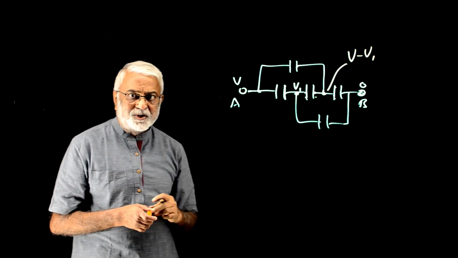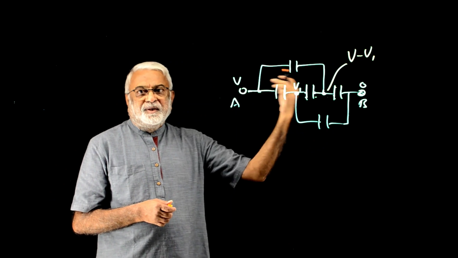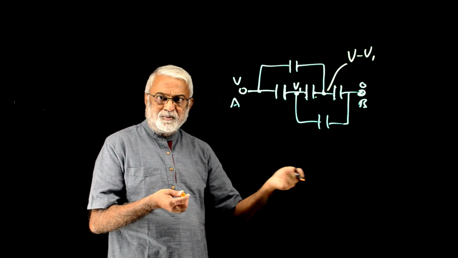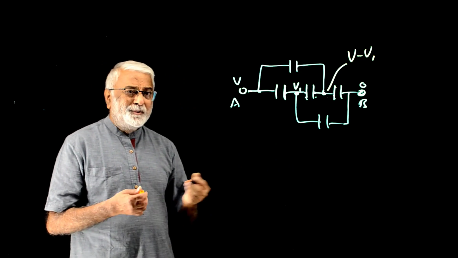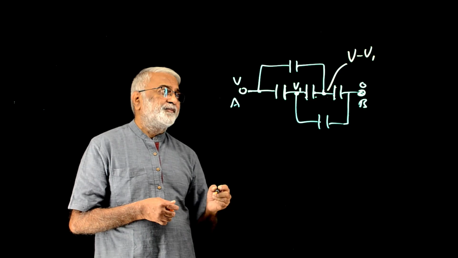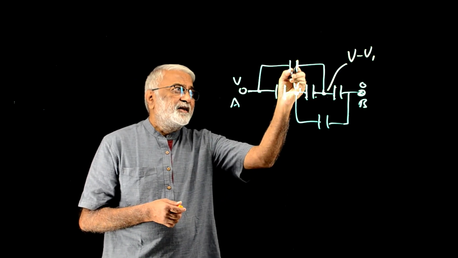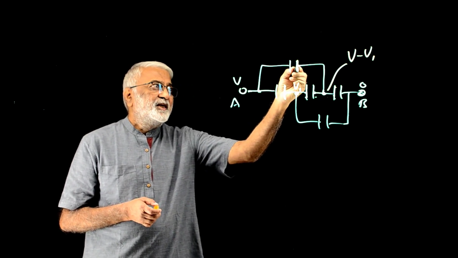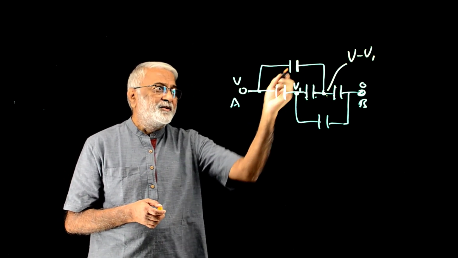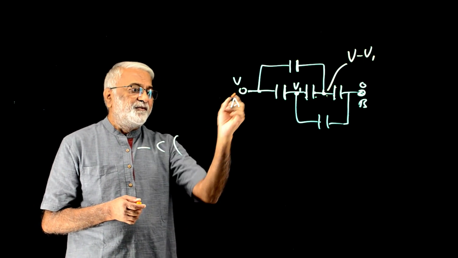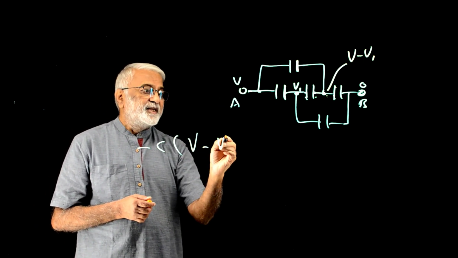So you just assumed one label and the potential of the other junction has come out in terms of the already assumed label. So you only have one unknown potential to solve for, say V1. Now how do you solve for that? Charge on, say, these three plates must add up to 0. What is the charge on this? This is V minus V1, right? So this would be minus C into V minus V minus V1.